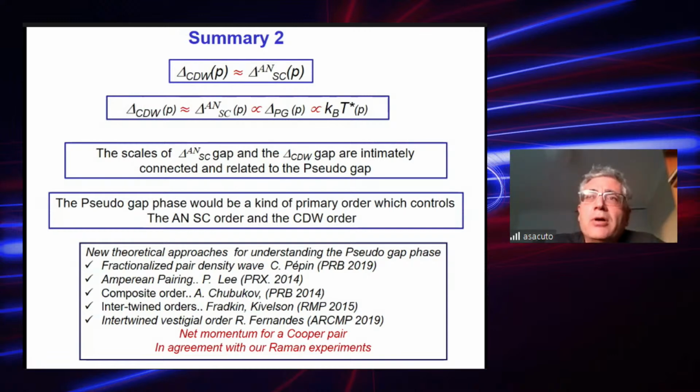So we need to use an energy probe to detect it. And this is the case of Raman spectroscopy. This is one of the reasons why it's difficult for angle resolved photoemission spectroscopy, which is a momentum resolved probe, to detect easily this charge density wave.